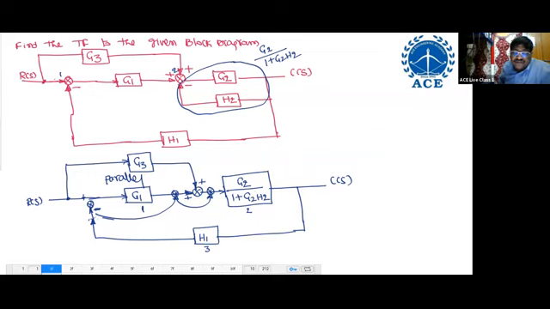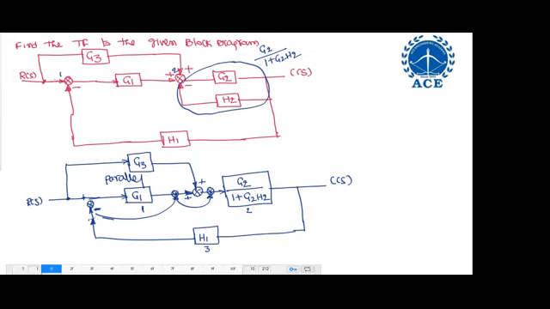Count the number of blocks, that's all. Before shifting, number of blocks; after shifting, number of blocks. Except for interchanging summing and takeoff, don't interchange summing and takeoff. In all the remaining cases, just count the number of blocks along the path.